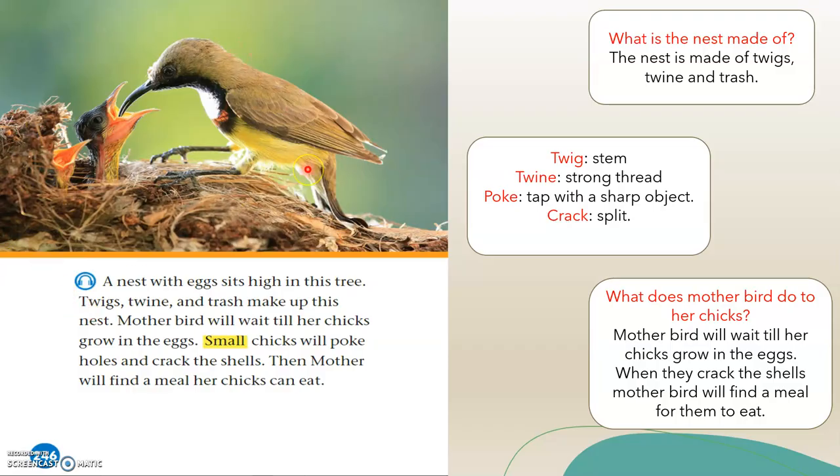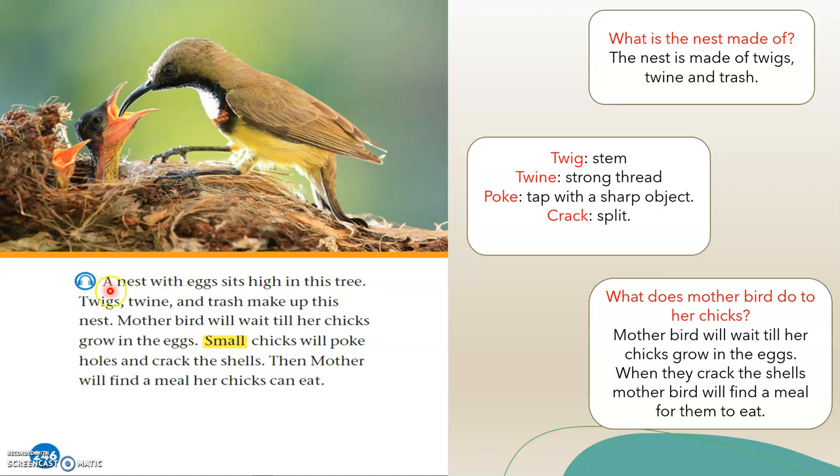Look at this picture, kids, and try to tell me what you can see in this picture. Sure, we can see this is a mother bird, and these are her little chicks, right? So the mother bird is trying to feed her little chicks, to provide them with insects, with food, so they can grow up.